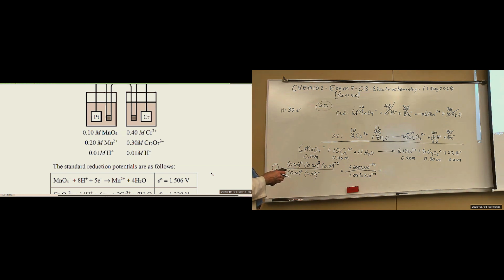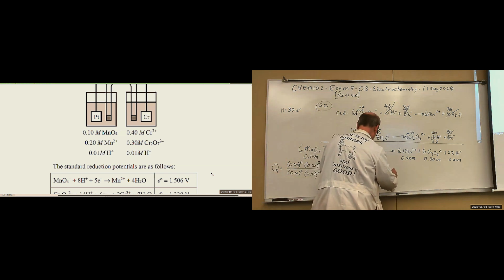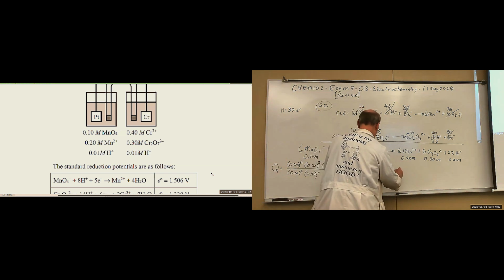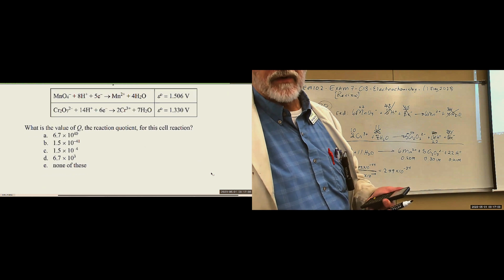Oh, I'm going to punch the numbers in again. Good thing I wrote them down. 2.6092 times 10 to the minus 44, so I can divide. I get 2.49 times 10 to the minus 34. Is it Q? No, I did something wrong, didn't I?